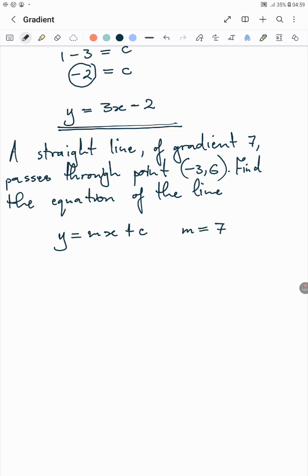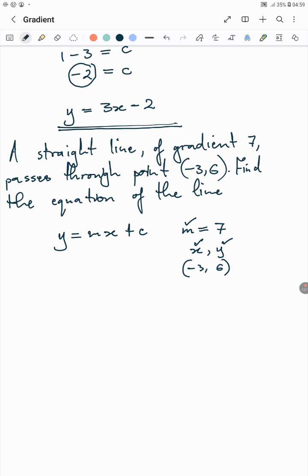So m is equal to 7, and (x, y) is equal to (minus 3, 6). So we have value for x, value for y, and value for m. So we go to our general equation of a straight line.